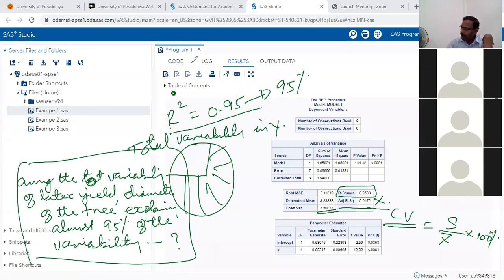So that is how we can explain this R square. Is it clear?